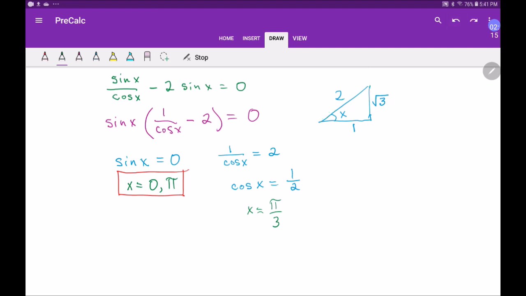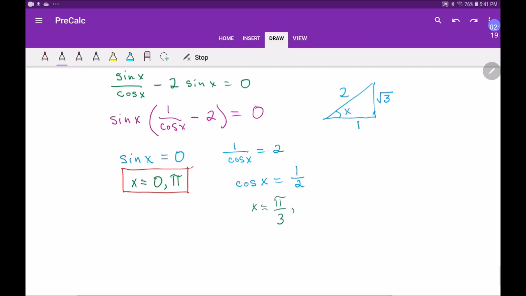And where else does that happen? Well, it also happens down here in quadrant 4. Also drawn poorly. But anyway, that would be 5 pi over 3 down there.